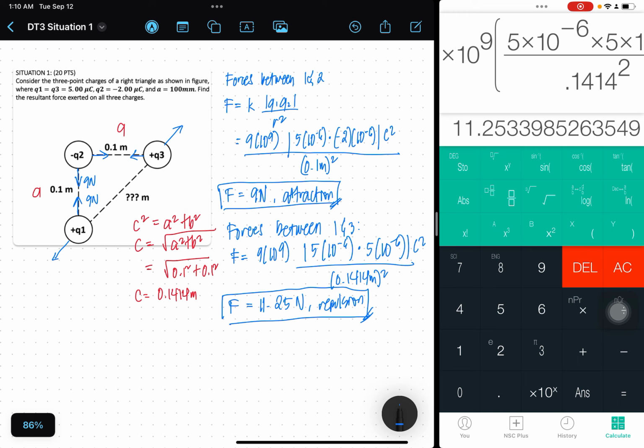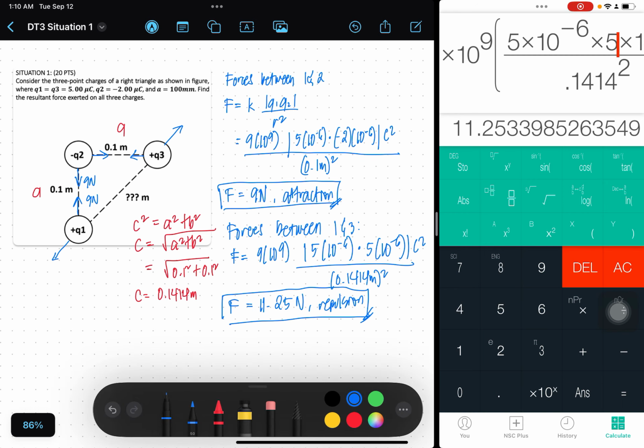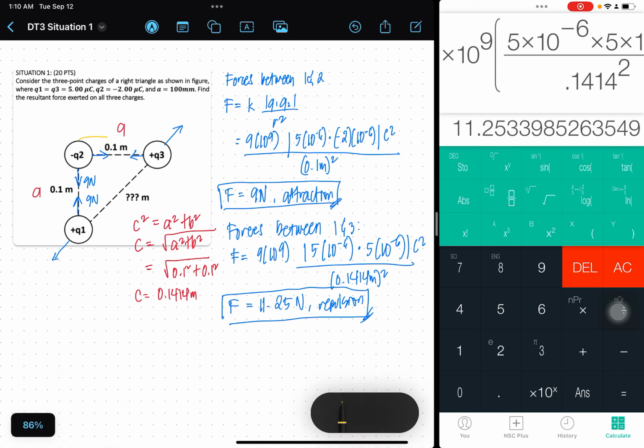I will give you some tips. If you look at force 2, 3, let's highlight it. It has the same distance as Q1 and Q2, and it also has the same charge, right?